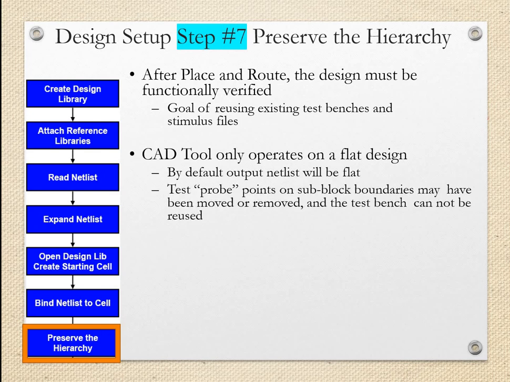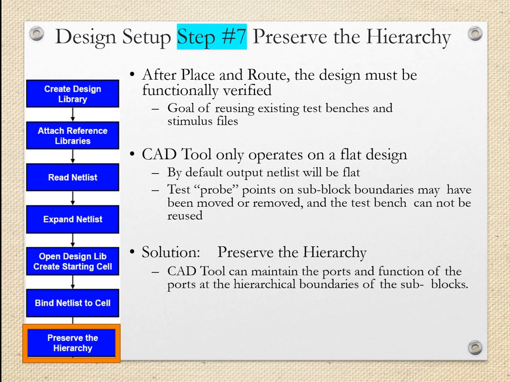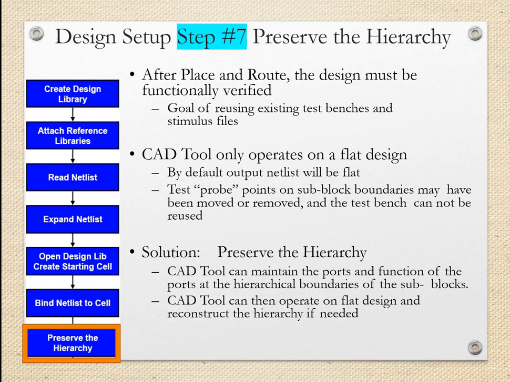The test probe points on the sub-block boundaries may have been moved or removed, and the test bench cannot be reused. So what is the solution to this problem? Preserve the hierarchy. The CAD tool can maintain the ports and functions of the ports at the hierarchical boundaries of the sub-blocks, and it can then operate on the flat design and reconstruct the hierarchy if needed.